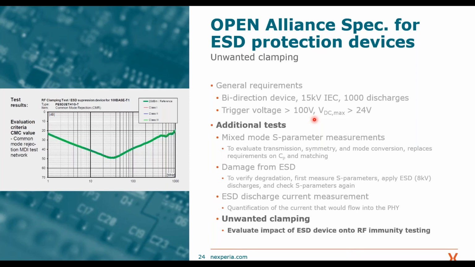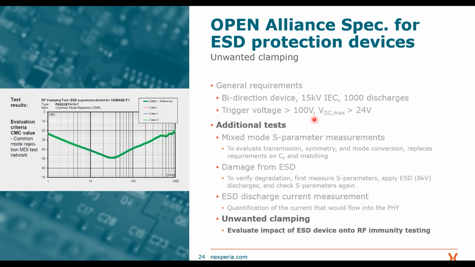Okay, this was the Ethernet part, and you might ask yourself whether the results are done for 100 Mbit T1. There are also 1 gig versions available for automotive already. The requirements on the ESD protection are similar, but with slightly tougher limits.